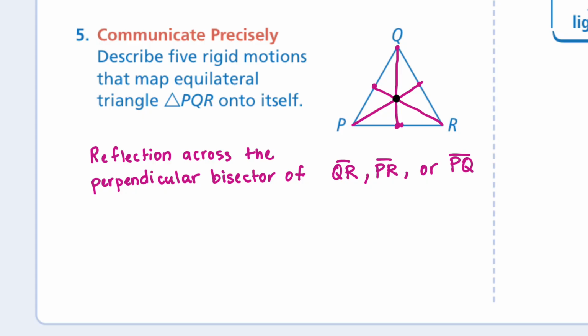Using the center point, we can also do a rotation using the center of the triangle as a point of rotation.